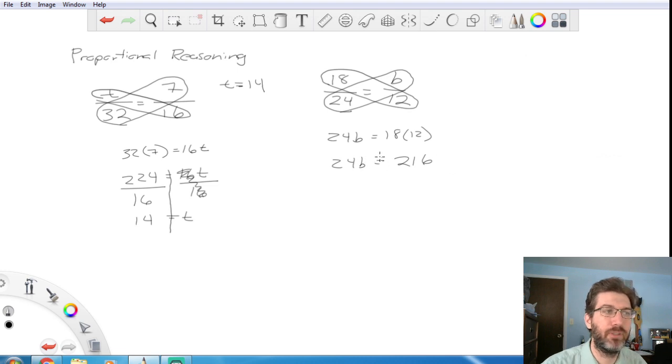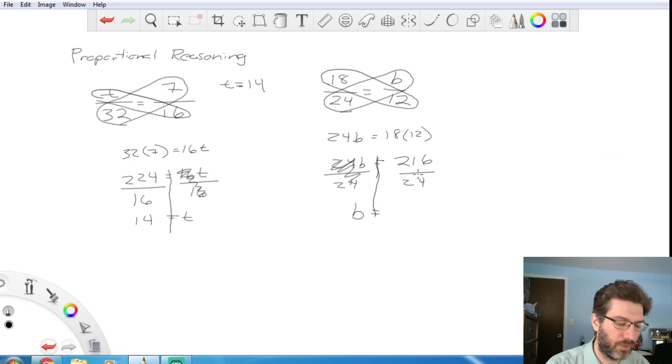And then you want to get b by itself, so you do your little line thing. Divide this by 24, divide that by 24. The 24s will cancel, leave you with b, and you're going to get 216 divided by 24, which is going to give you 9. So in this case, b equals 9.